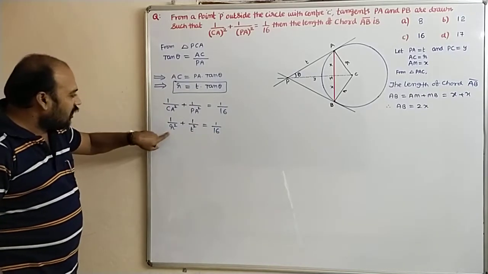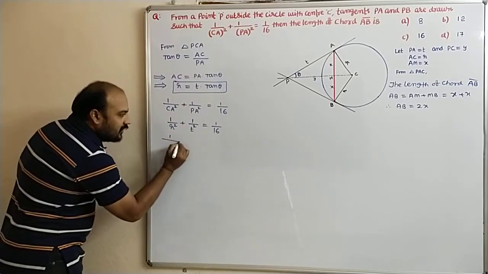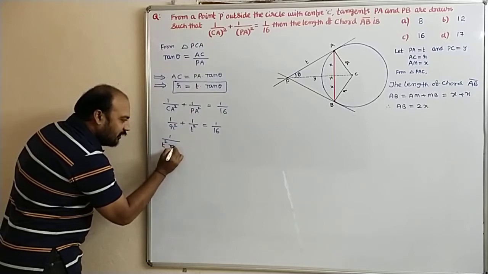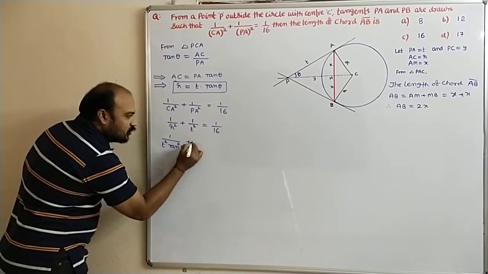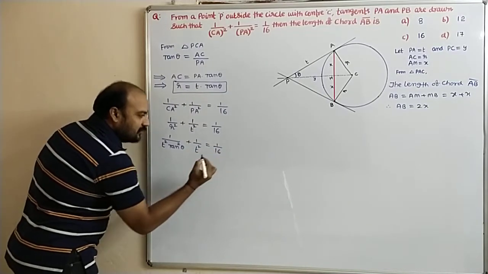But in place of R, we have t tan theta. Substituting, 1 by t square tan square theta plus 1 by t square, which equals 1 by 16.